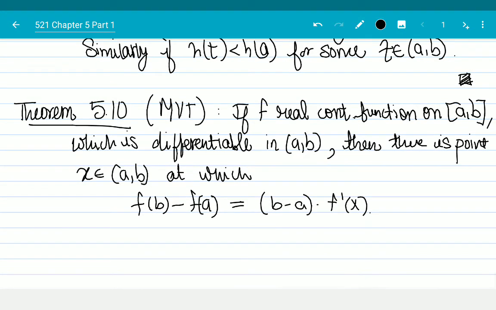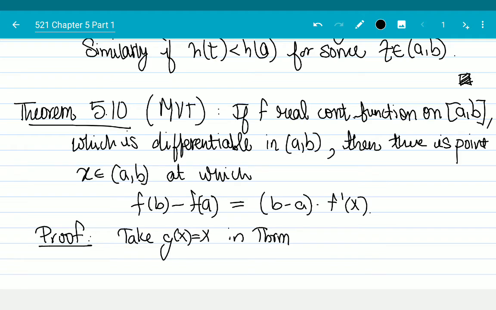Okay? How do you show this? Proof. Take g of x is equal to x in theorem 5.9. So we have already shown the more general theorem first. Now we're just plugging in g of x is equal to x, and the result follows.